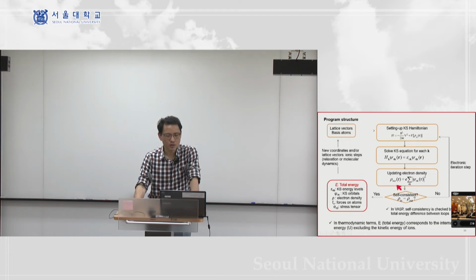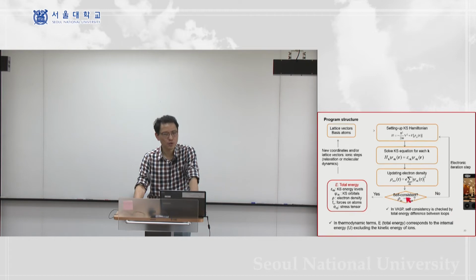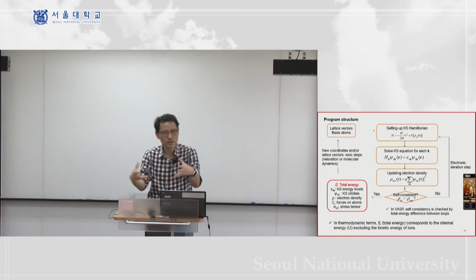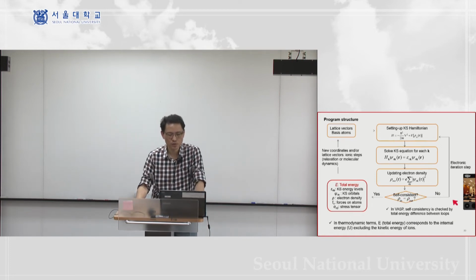So this is the output density, and you compare this input density and output density. Of course in the beginning they do not agree, so from the output density and the input density, you mix or slightly change your input density using the information from the output density, and you try the new density.